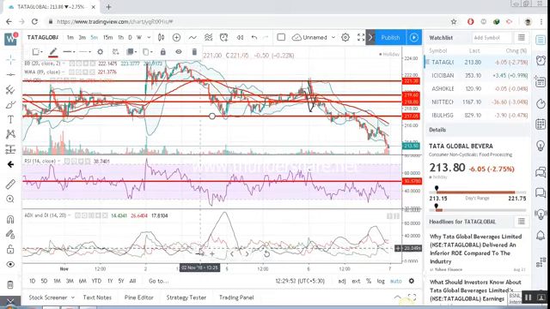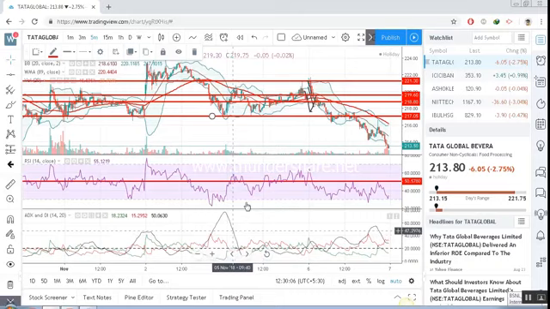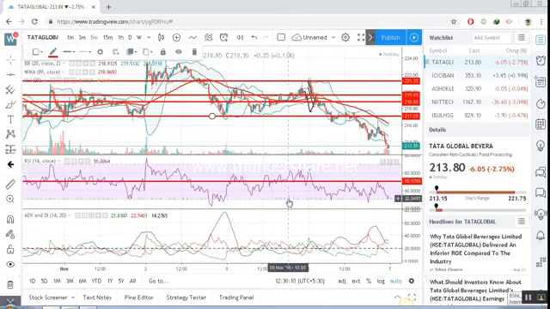For example, here red is above green, so it means the bearish trend is strong. If it is trending, it should be above 20, and if red is above green, it means the bears are stronger. So it should be used in cases where you are not able to judge the trend with your naked eyes without any indicators.